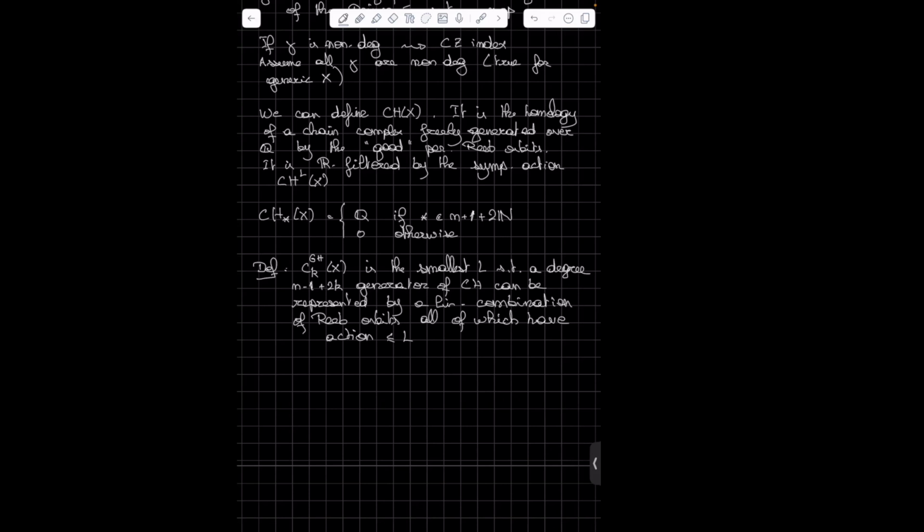For c_2, I look at the homology in degree n+3 and I look at the smallest level of filtration at which I see the homology, and so forth. That's the idea of those capacities.